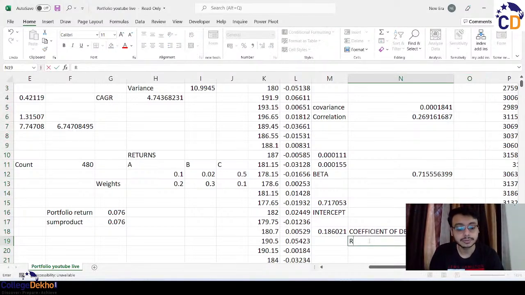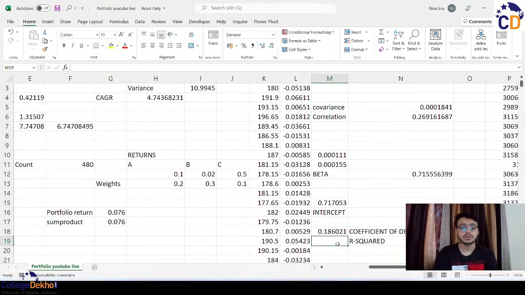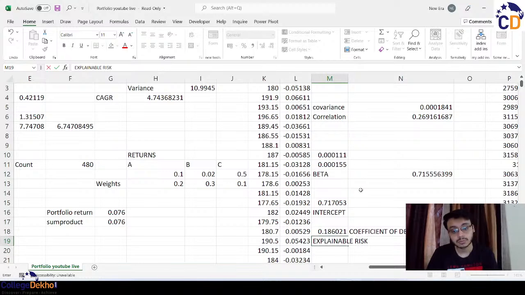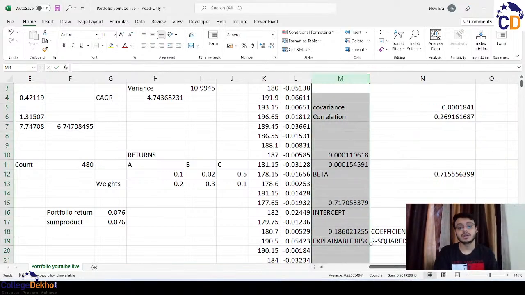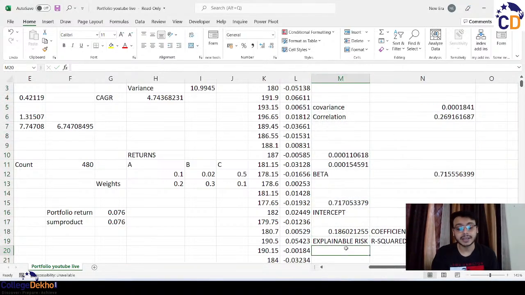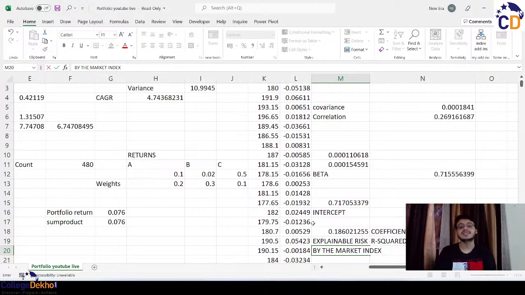R squared. स्टैटिस्टिक्स में मतलब कि formula होता है बड़ा सा, उसकी need नहीं है. And this is an explainable risk also. Explainable risk by the market index means itna amount of risk is explained by Sensex in this case.